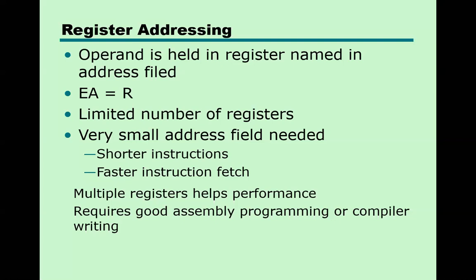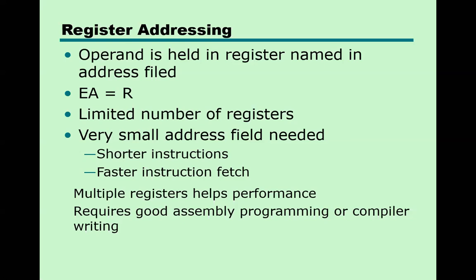For example, suppose you want to add R1, R2. In this way you can perform the addition operation. Whatever values you have moved into R1 and R2, you can perform addition on the respective registers. In this way your instruction size will be minimized. It minimizes the instruction, as well as making instruction fetch faster in register addressing.